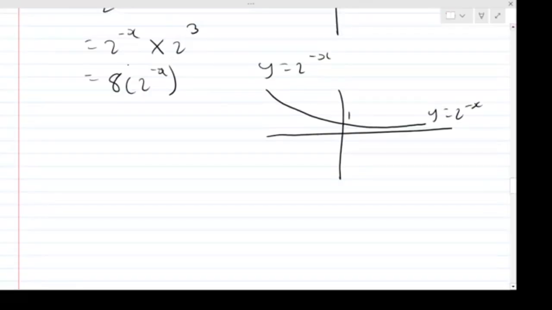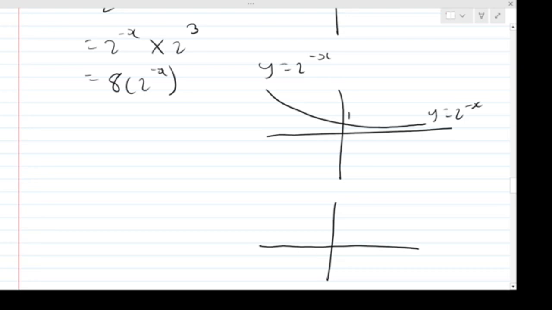Okay, and then I need to sketch 8 lots of 2 to the -x. So hopefully you recognise that really our graph 2 to the -x is going to be effectively times by 8, and the 8 is outside the function, if you will. It's outside the 2 to the -x. So it does what we expect. It affects the y values.